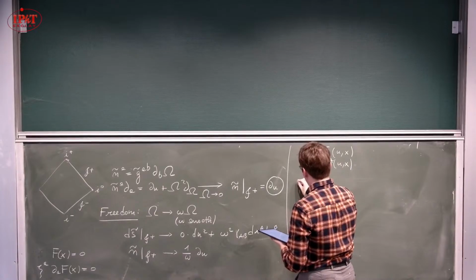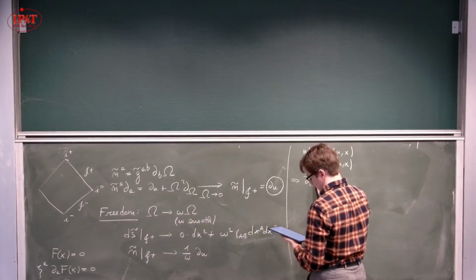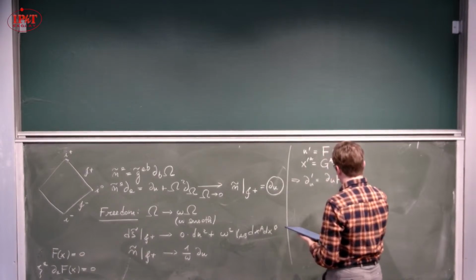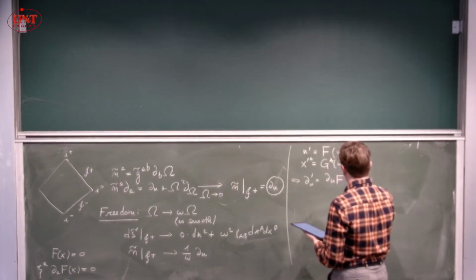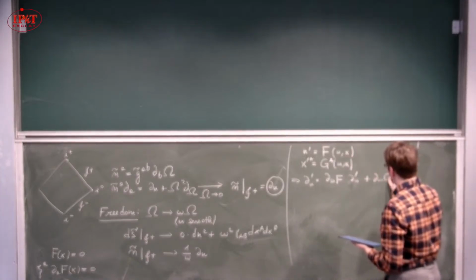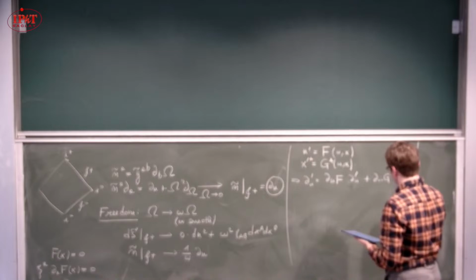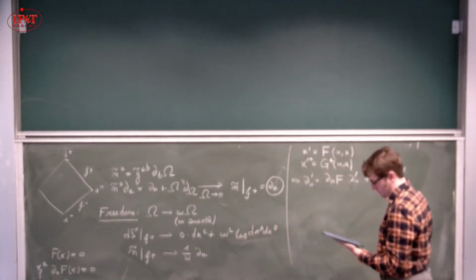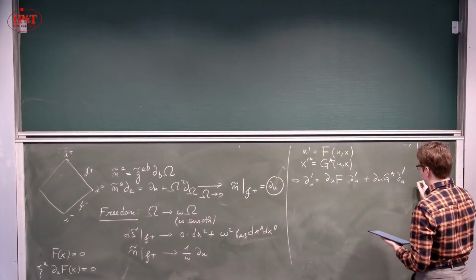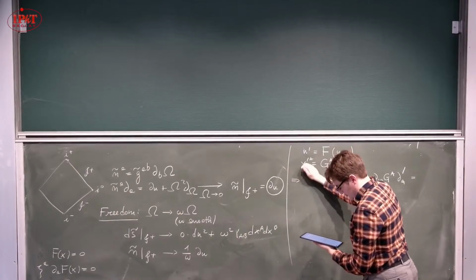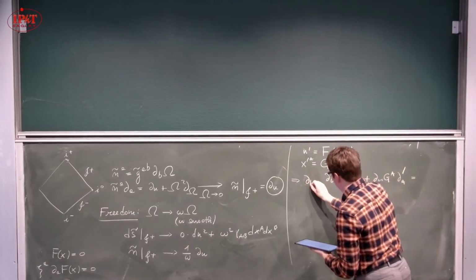So du prime is going to be du f du plus du g prime a dx a. And in order to impose that it should be equal to omega du prime, because I swapped the two. This is du.